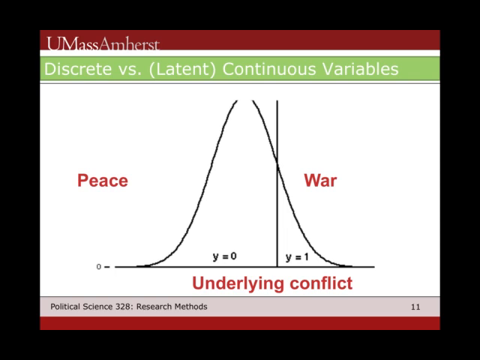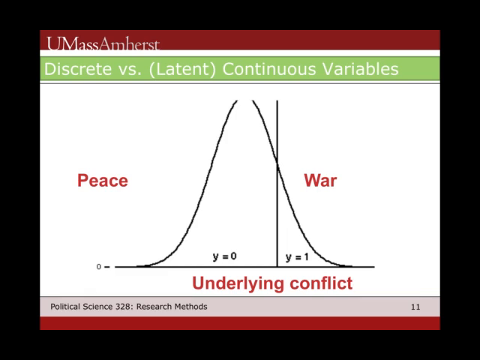What is important here is that when we have something like whether there's war or not, or even when we break it down into 4 classes, say, of war, what we believe is there's some underlying latent variable or construct called wariness or warness or violence of the conflict.